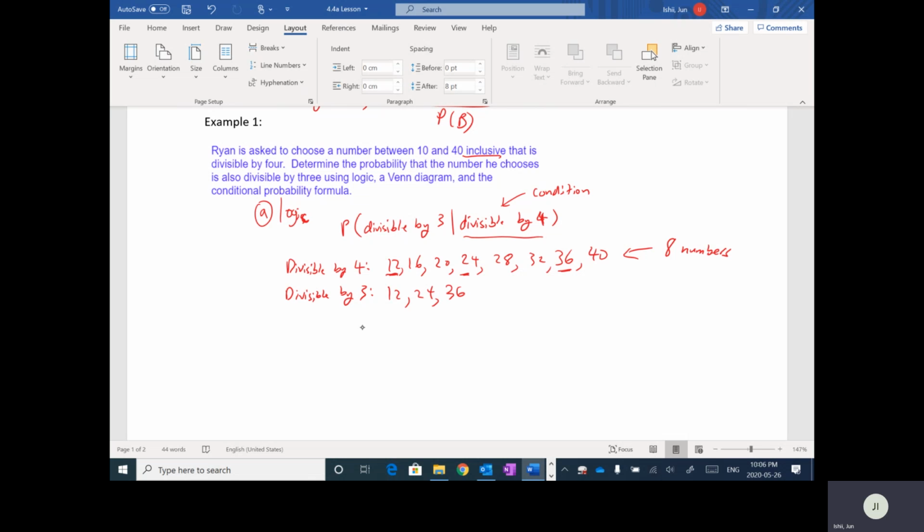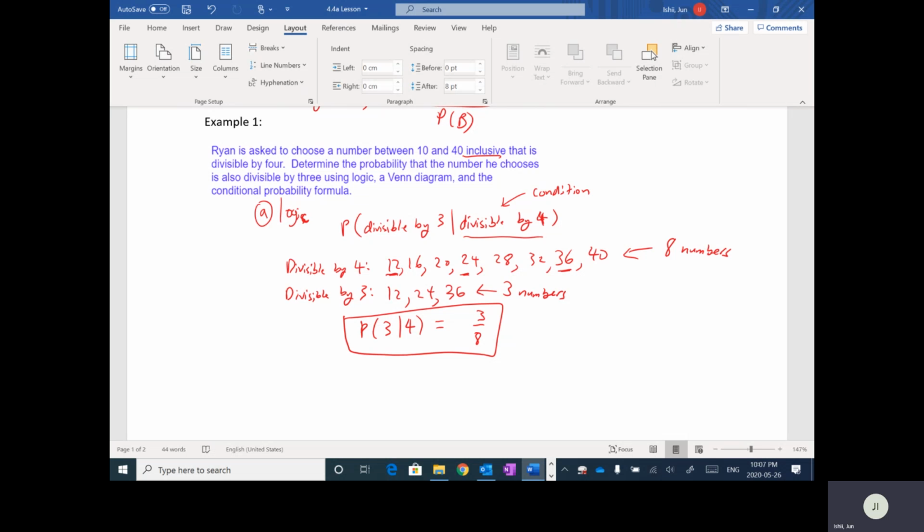So to answer this question just using logic, these 3 out of the 8 would be this probability. I'm going to write the probability of being divisible by 3 given it's divisible by 4, and between those numbers it's going to be 3 out of 8, because 3 numbers out of the 8 are divisible by 3 as well. This is just using logic to find this probability.